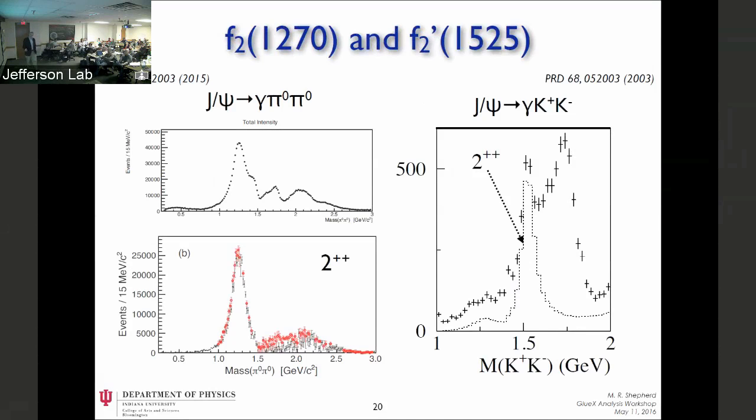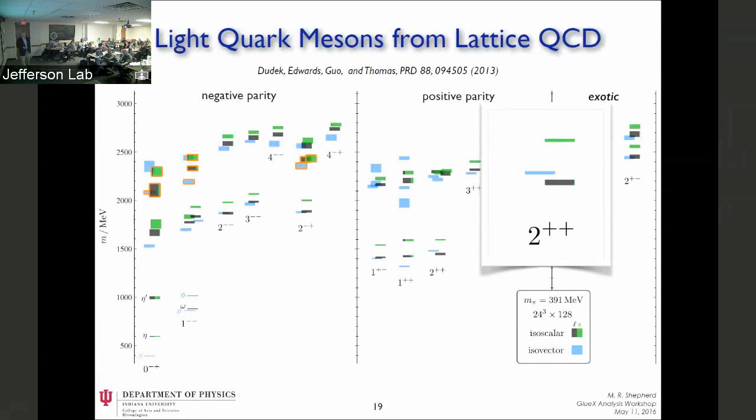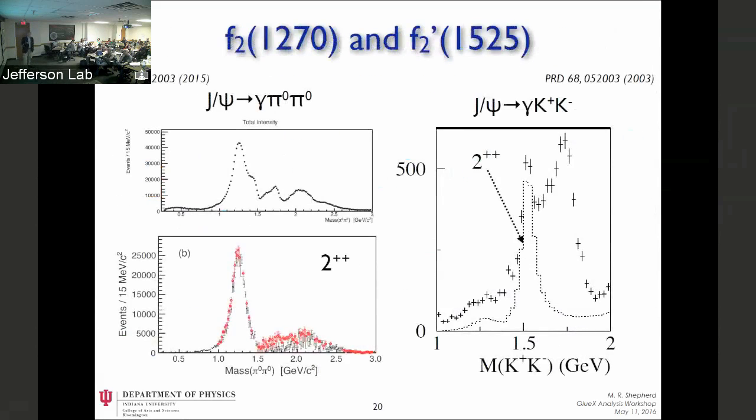So the one that's non-strange decays a lot to pi 0, and there's very little f2 prime 1525 decaying to pi 0. So by looking at decay patterns, you can separate out and understand these sorts of things. So this type of measurement really confirms this type of prediction. This was a postdiction in this case because this was known long before. So decay patterns are interesting.